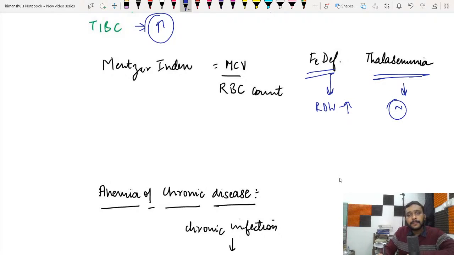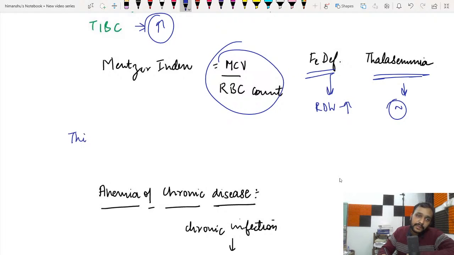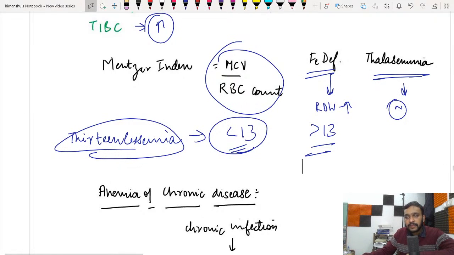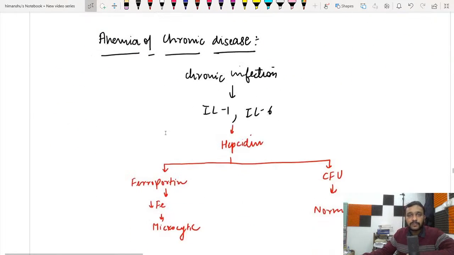The other is the Mentzer index, which is MCV by RBC count. Remember thalassemia with the number 13: '13 less semia'. In thalassemia the Mentzer index is less than 13, whereas in iron deficiency anemia it is more than 13. So these are the two ways by which you can differentiate both of these.